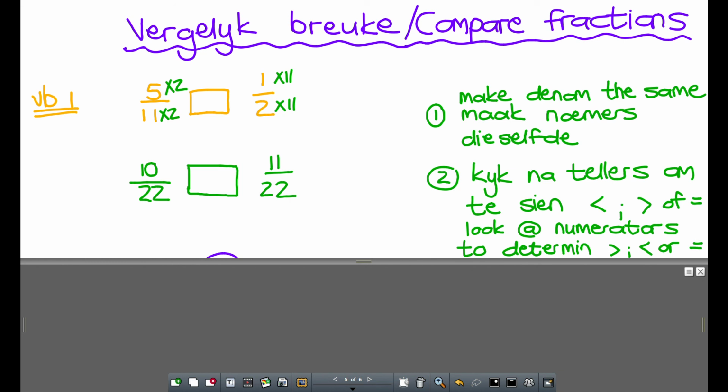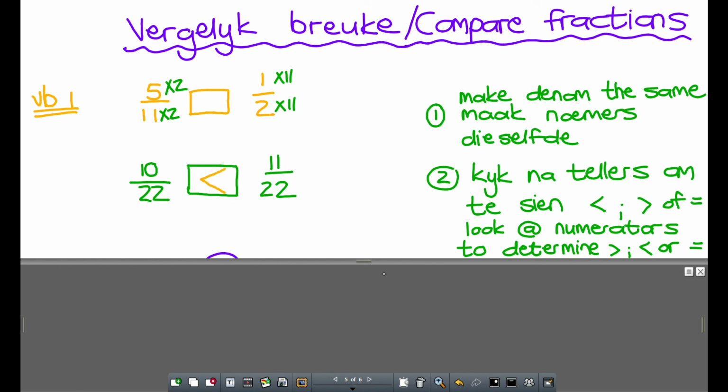We look at the numerators to determine, would it be greater than, less than, or equal to? Okay, so if you just look at the top part, 10 and 11, which one is bigger? 11. So your sign must be facing that way.